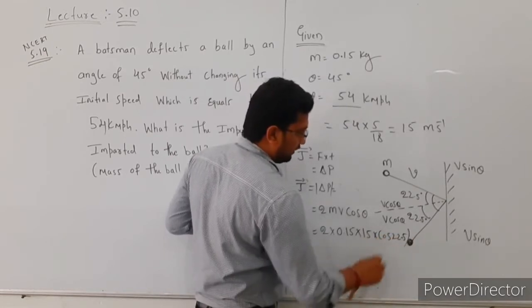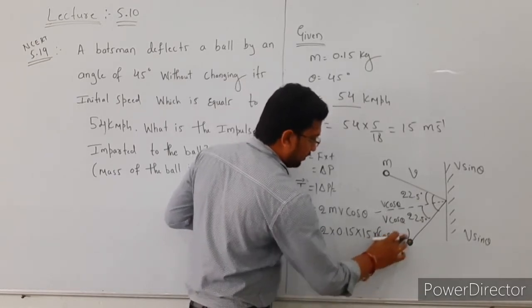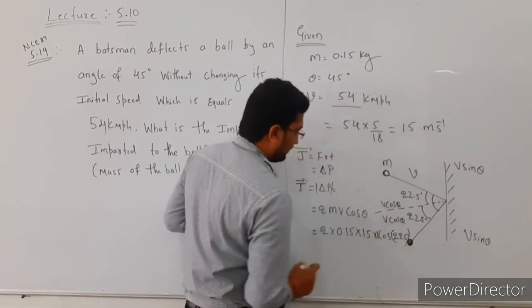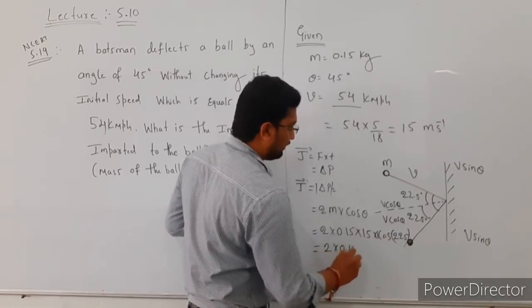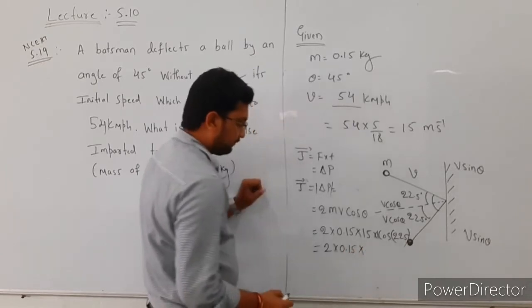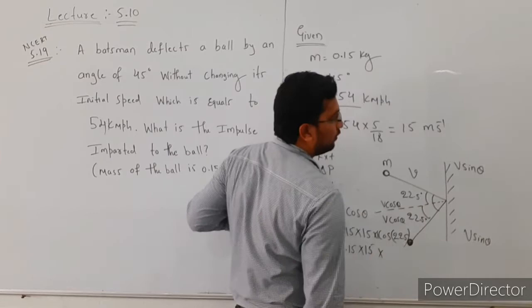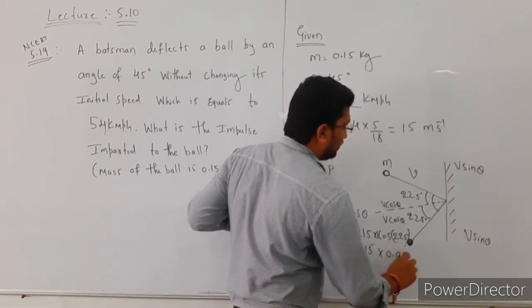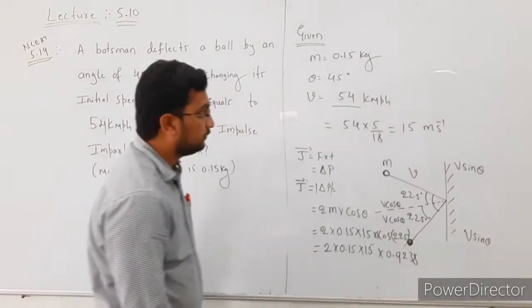Cos of 22.5. Okay. This is equal to 2 into 0.15 into 15 into cos of 22.5, whose value is 0.9238.